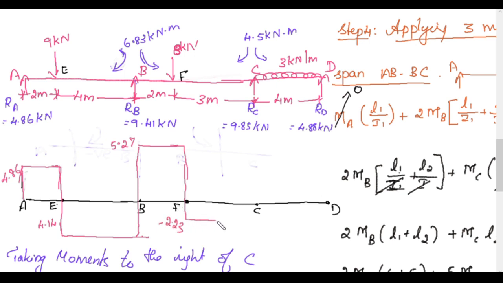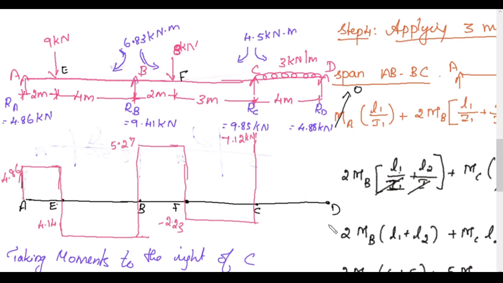Then up to C there is no change. At C it is 9.85. So minus 2.23 plus 9.85 we get 7.12 kilonewton. Then in CD you have a UDL. Here it is 7.12.